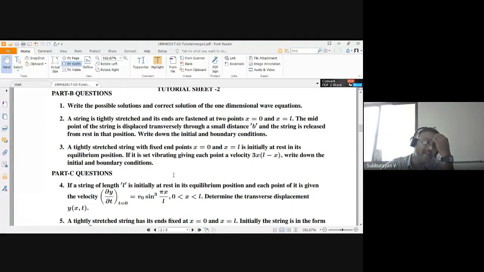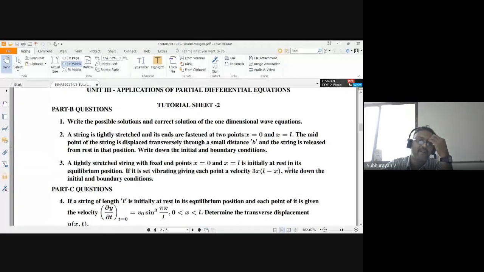Okay, I think this first question is very simple. Write the possible solutions and the correct solution of the one-dimensional wave equation. What are the possible solutions?